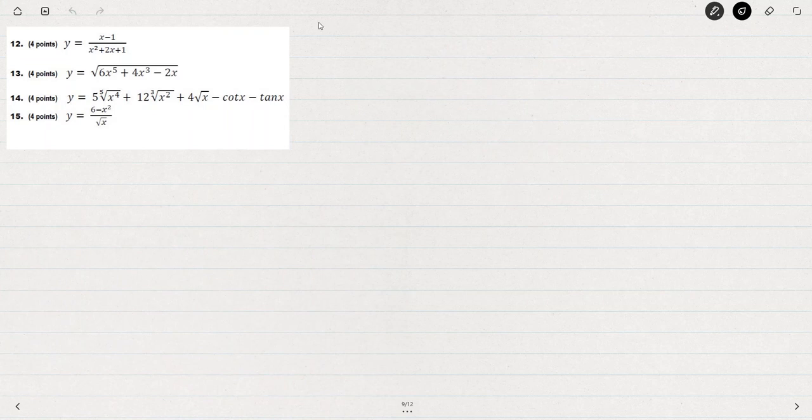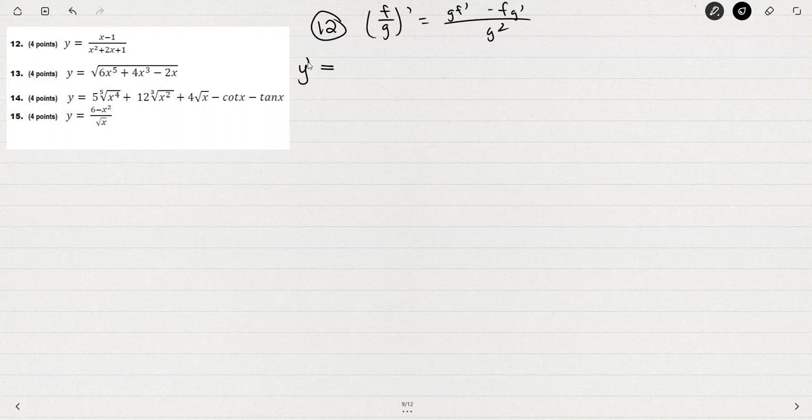Number 12, we've got to use the quotient rule. So f over g prime is g times f prime subtracted by f times g prime, all over g squared. So what that would look like is, let me write f and g. F is x minus 1, and the derivative of that is 1.